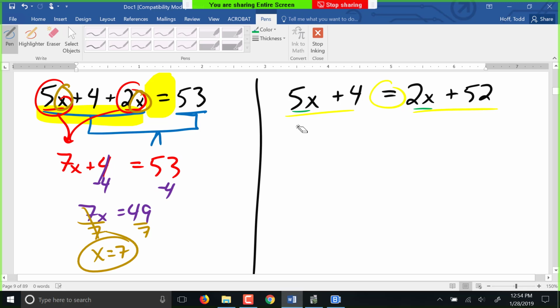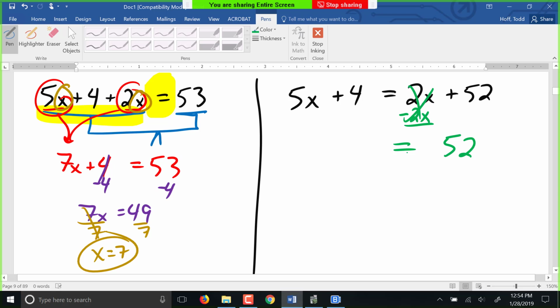It's easier if we get rid of the smaller one. In this case, that is the 2x. It's a positive 2x. So if we subtract 2x, negative 2x is its additive inverse. That'll give us 0 there, or cancel that out. So we're left with 52 on that right side.